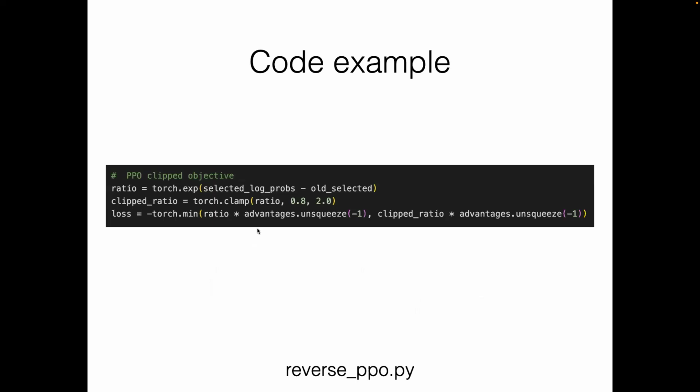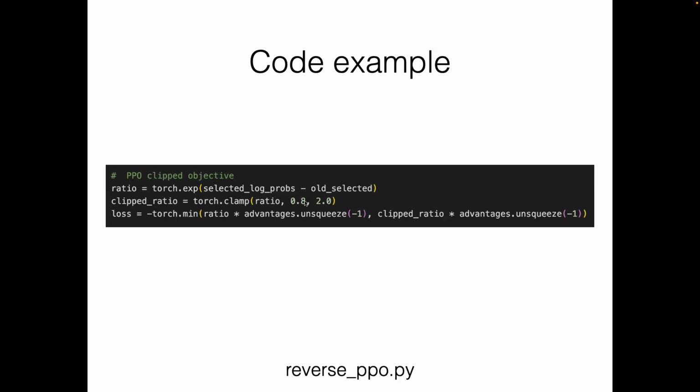Here's one part of the implementation, where we have collected these old probabilities for the model and these current probabilities and their log probabilities. So you can do this trick to compute the ratio.